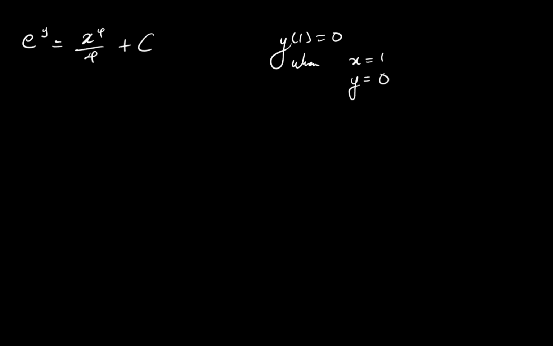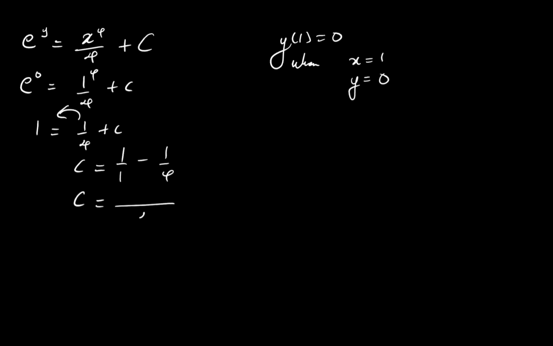So let's see what happens. y is 0, x is 1, then what's the value of c? So I have 1 being equal to 1 over 4 plus c. Transposing, we have c equal to 1 minus 1 over 4. If you do your math right, you have 4 minus 1, giving you 3 over 4. So now we know the value of the arbitrary constant c.